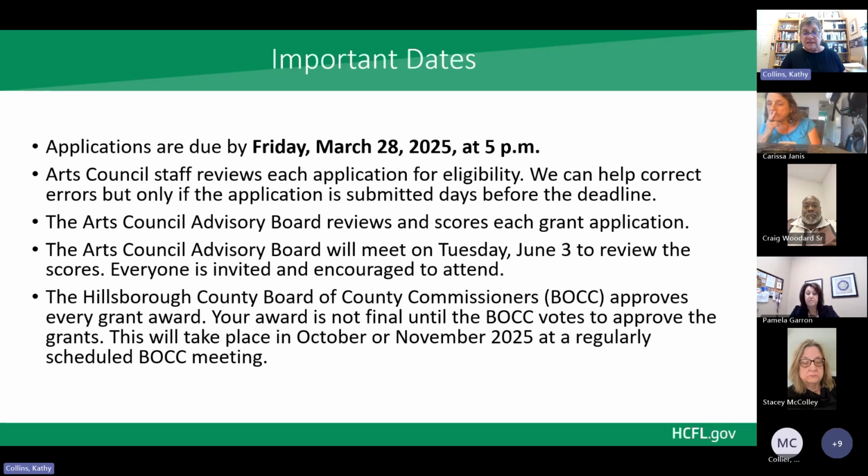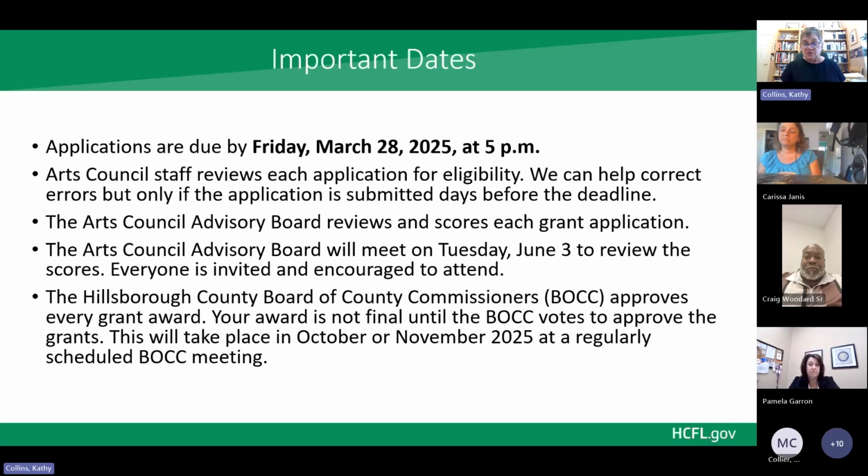Once we indicate all eligibility, the applications themselves then go to the Arts Council Advisory Board, who reviews and scores the grants. They will then meet on Tuesday, June 3rd to vote on the scores that were eligible to be funded. Then, in either October or November, the county commission will vote at a regular meeting whether or not to fund the applications.